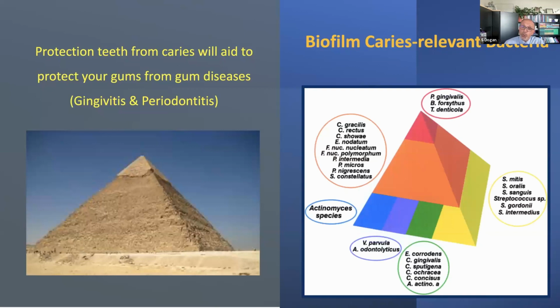But if we don't do anything, the orange or red colored bacteria will move in and take the space from the good bacteria, and they cause all these caries or periodontal disease. We know that if we protect teeth from caries, we will also aid in the protection of our gums from gum diseases like gingivitis and periodontitis.